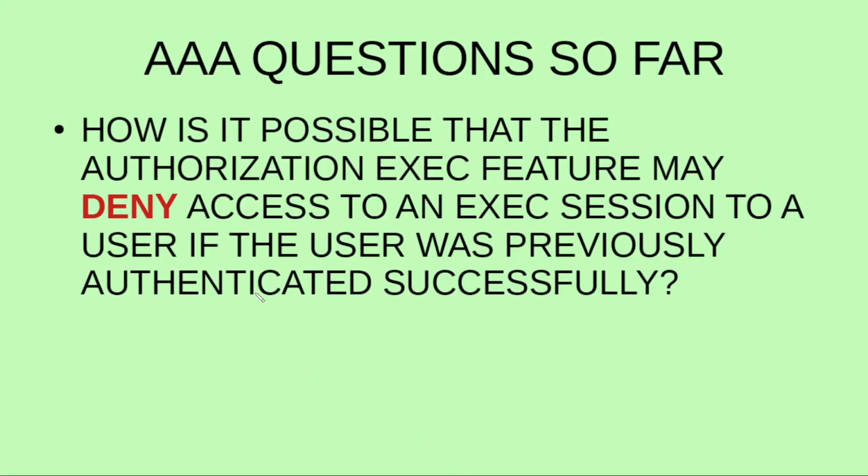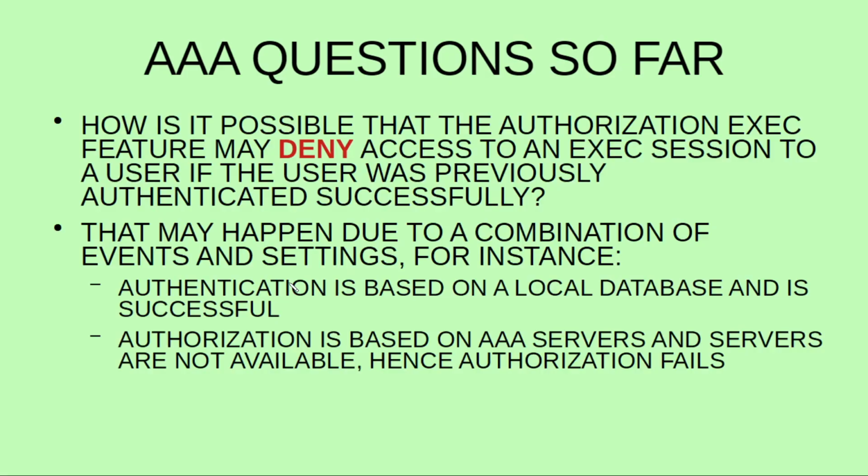Last question. How is it possible that the authorization exec feature may deny access to an exec session to a user if the user was previously authenticated successfully? The answer is this may happen due to a combination of events and settings. Let's say that we configure authentication to use a local database. And let's say in this example that the user authenticated successfully. But at the same time, we configure authorization to use AAA servers.